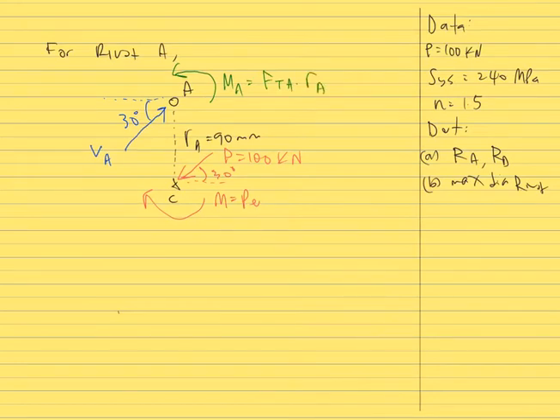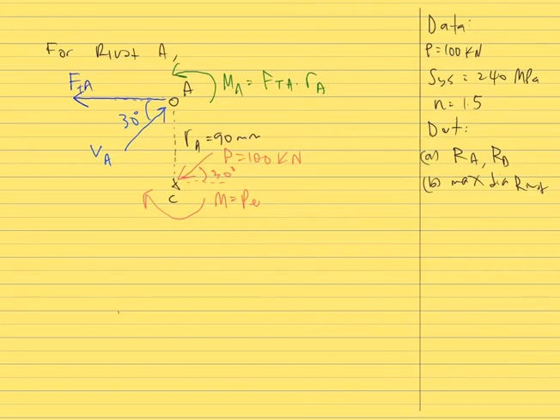So the direction of tangential force at rivet A is acting on the left, so this is our FTA, tangential force at rivet A. When we see the direction of direct shear force at rivet A, it has an inclined angle of 30 degrees.